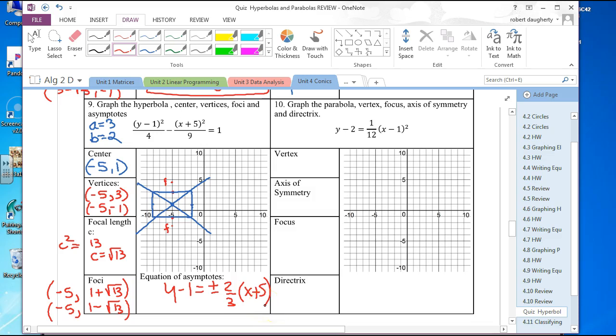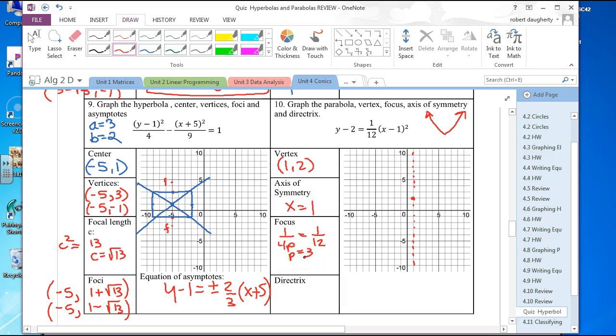Parabola. This is a parabola that opens up. So the vertex is going to be at 1, 2. And that means that the axis of symmetry is this vertical line you see right here at x equal 1. The focus, if I look at 1 over 4p equal 1 over 12, that tells me that p is equal to 3.